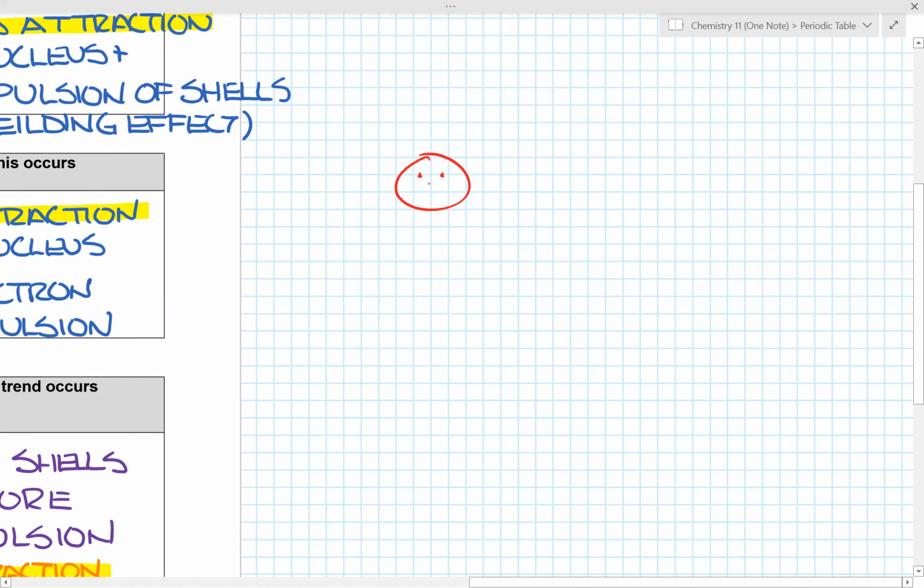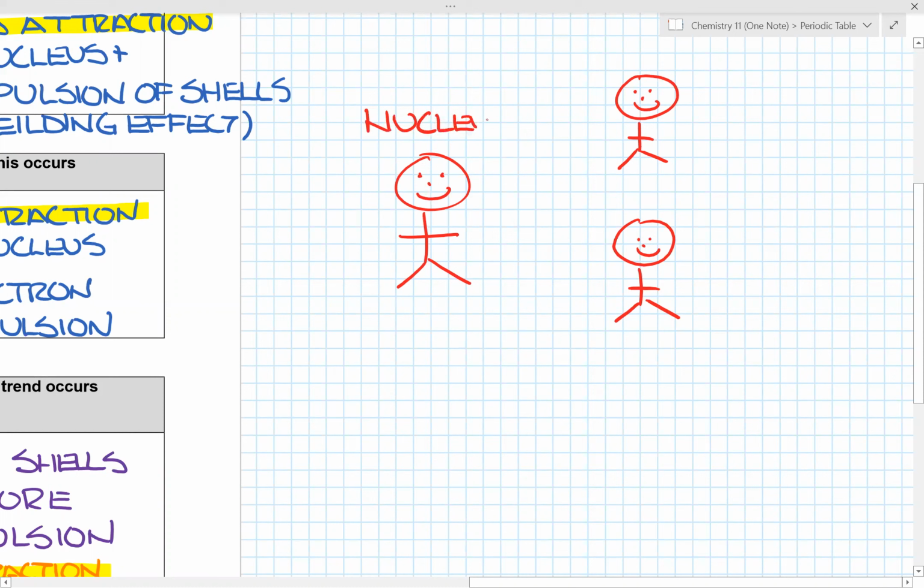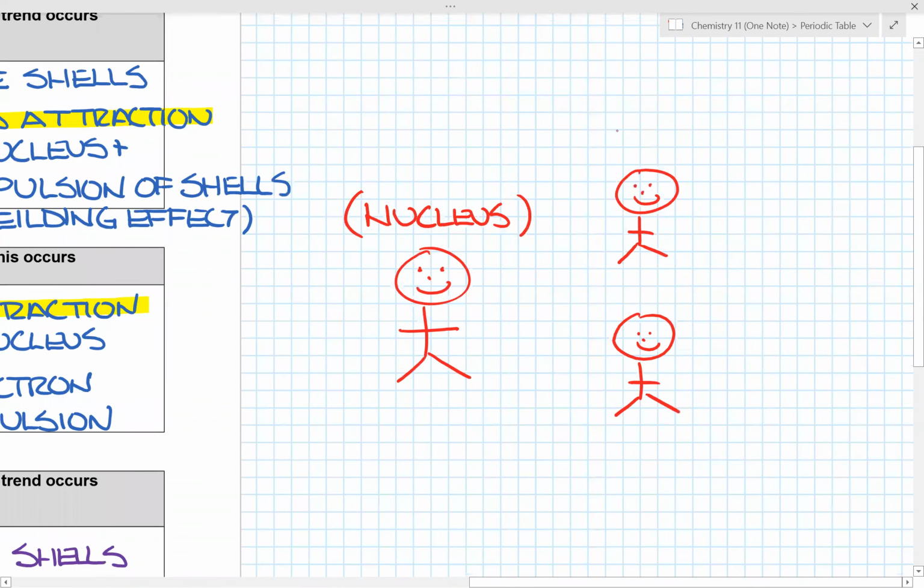So let's say we have a parent here. And let's say this parent has 2 children, 1 and 2. In this case, again, this would be the nucleus, and these would represent the electrons.